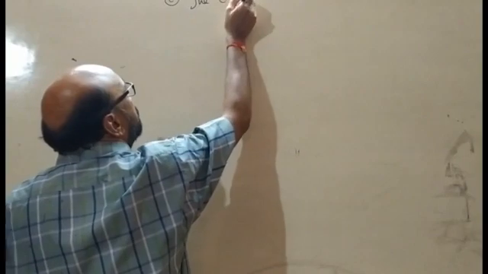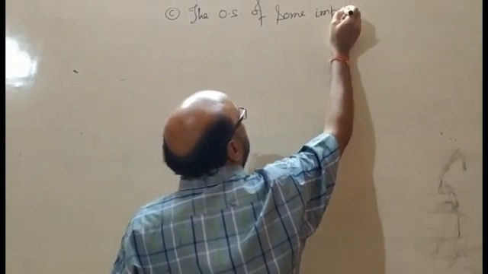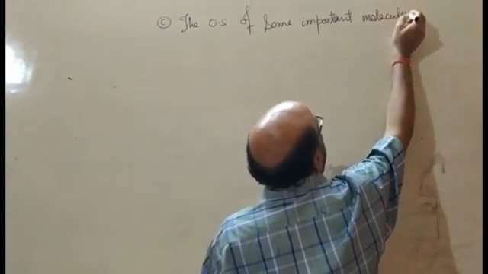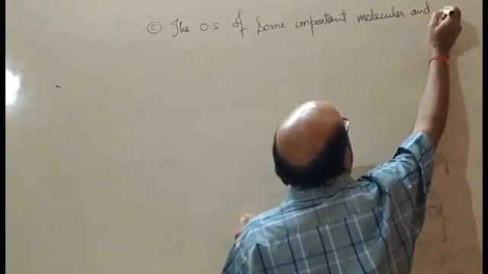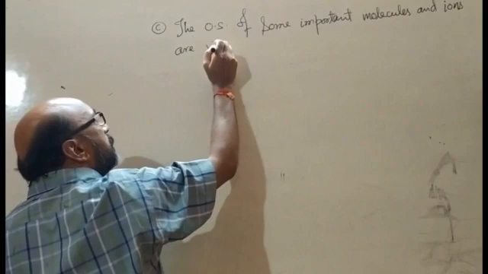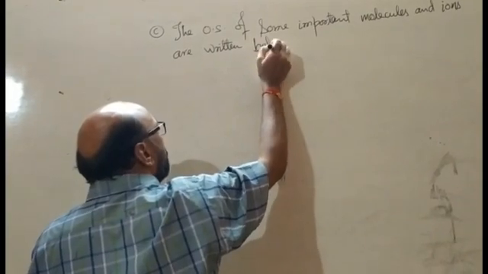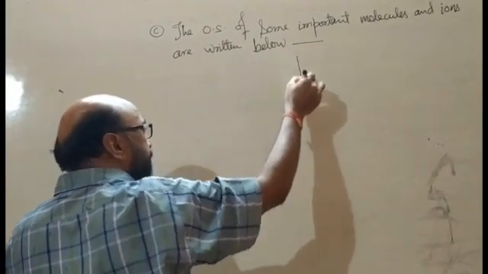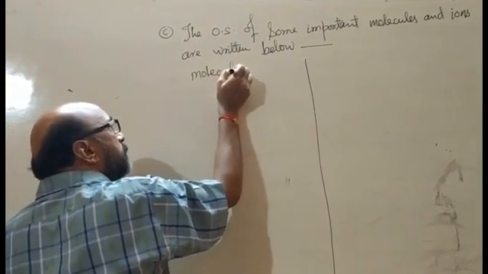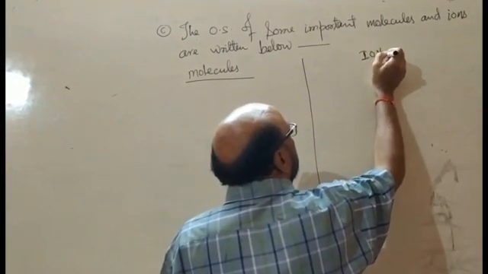The oxidation state of some important molecules and ions are written below. Molecules, ions.